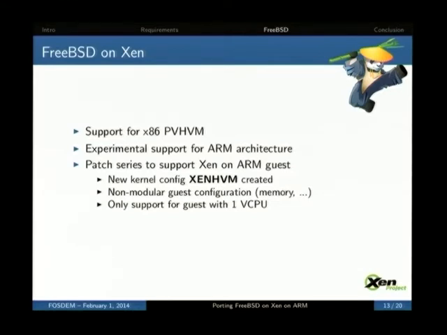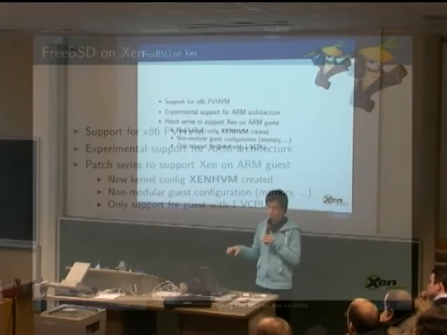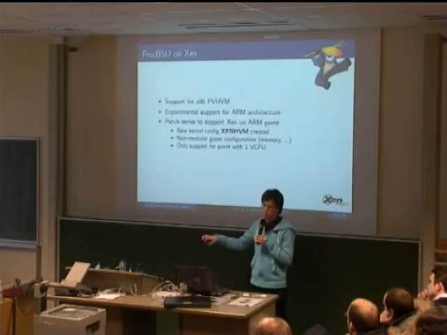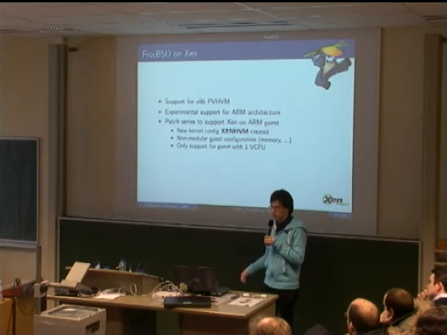So FreeBSD, you can build FreeBSD with a different config file to say I want these drivers for FreeBSD. But the way I choose to build FreeBSD is that you can only start FreeBSD on Xen if you compile with the Xen HVM config file. So you can't say I want to take my FreeBSD port from the handle binary and put it into the Xen guest.